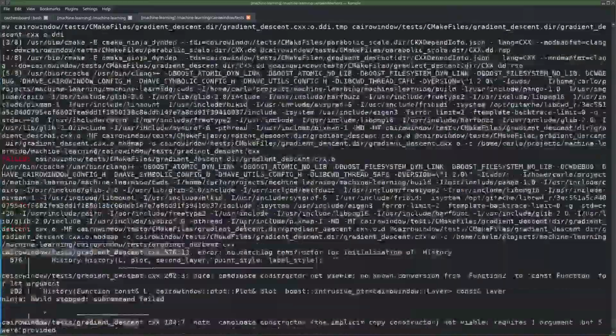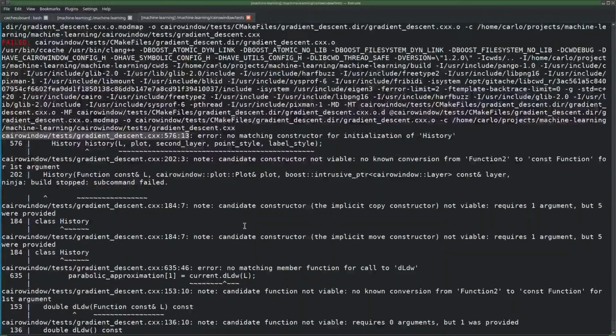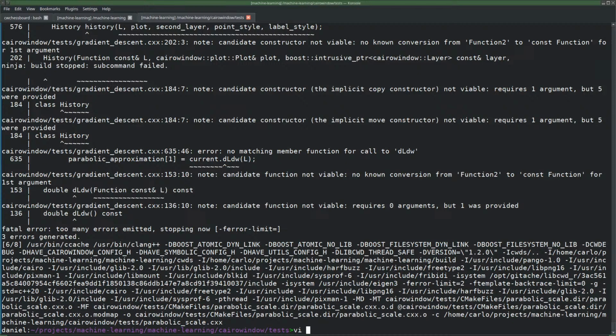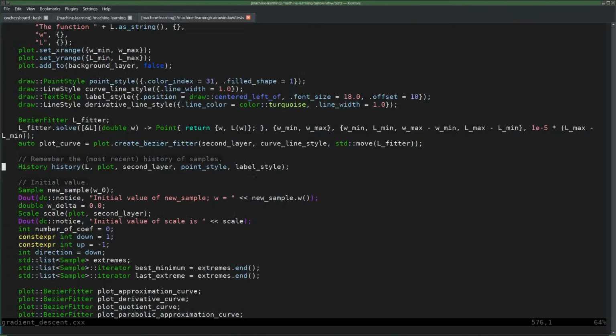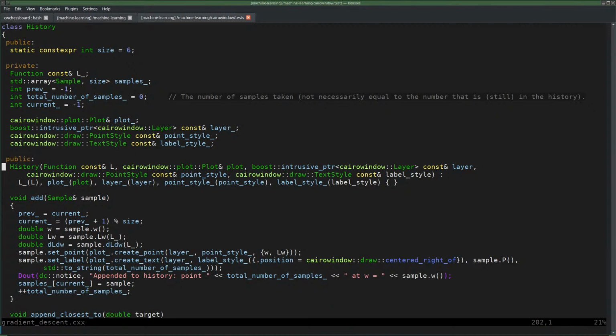No matching constructor for initialization of history. What is it talking about? But it takes a function. Okay then, function.